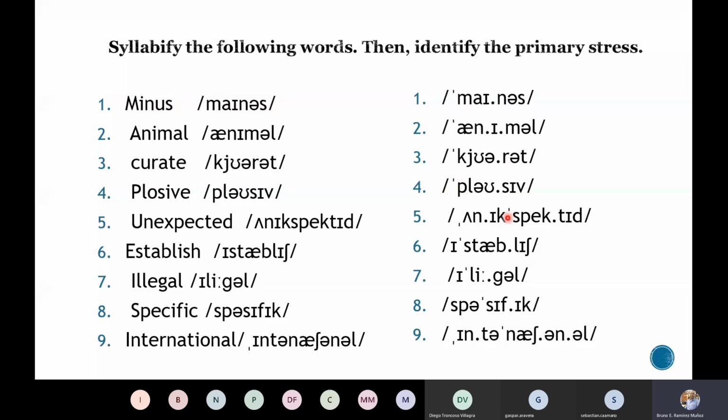Unexpected, established. Let's take a look at some, okay, establish. Establish could have been divided, maybe leaving this next to E, to have is, and then tab. That could be possible, right? Because tab is a possible combination, a consonant and a vowel.